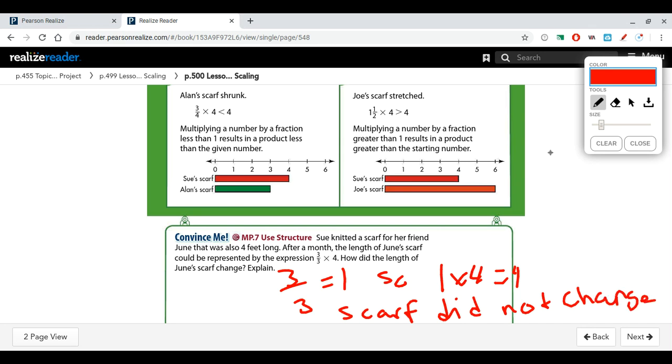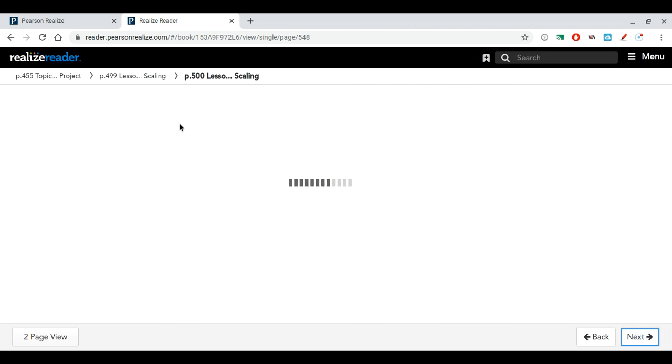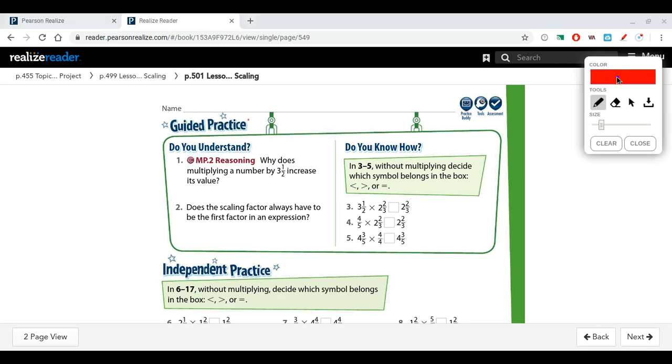Okay. Right, moving into our guided practice. Multiplying by 3.5 increases its value. So when we multiply a number by 3.5, the value is going to increase because 3.5 is greater than 1.